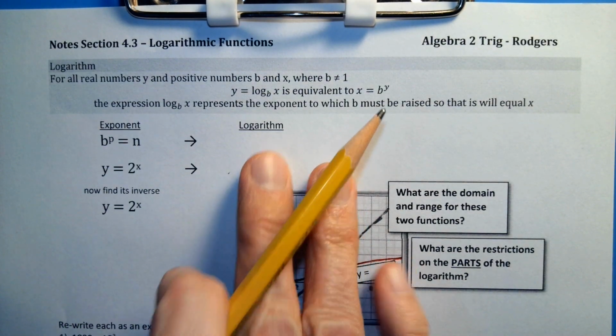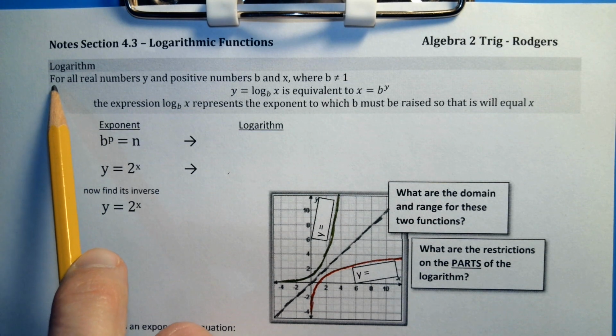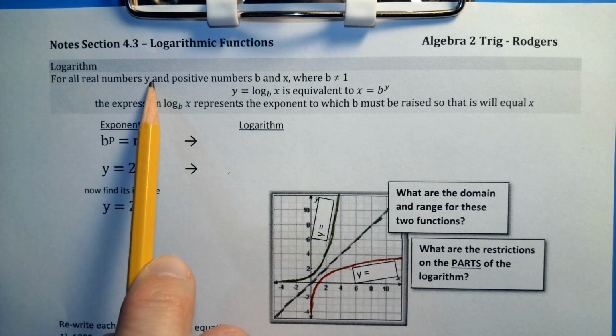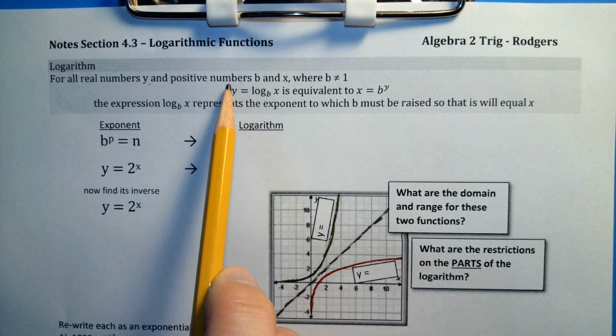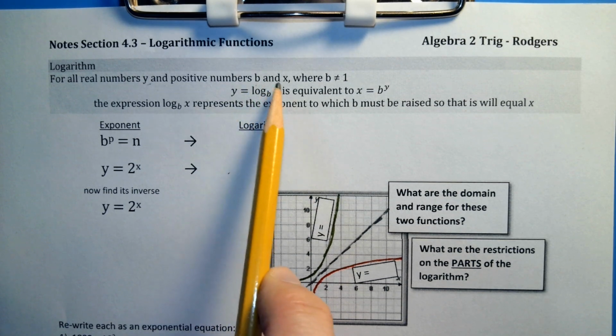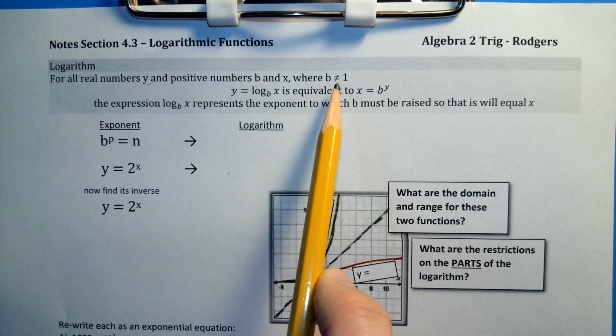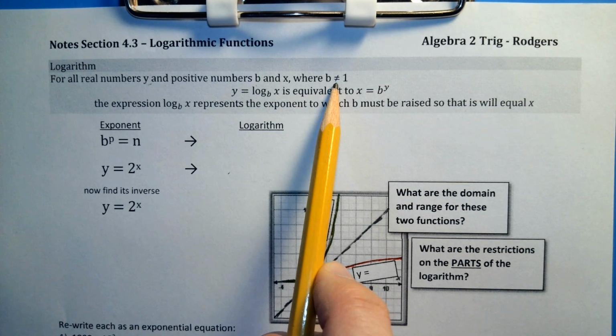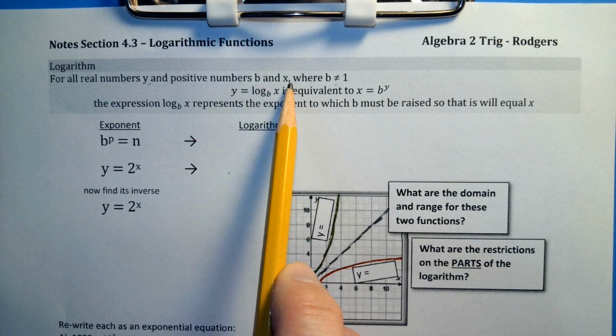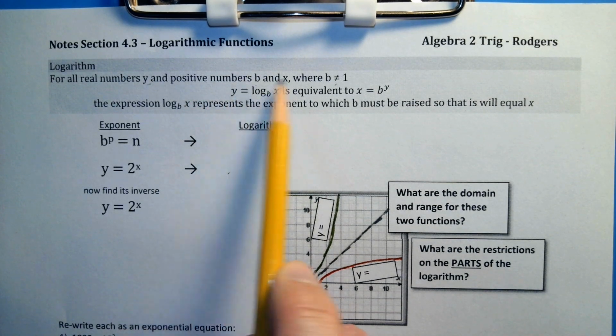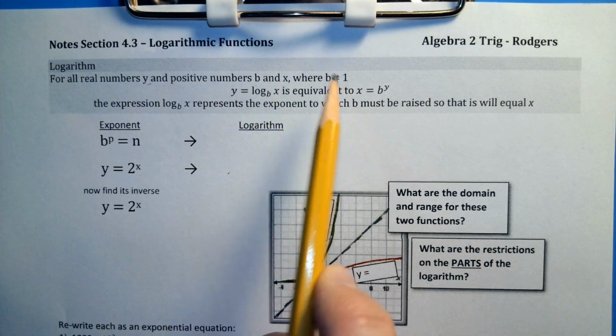But eventually you'll get to a point where you feel comfortable just using logarithms. Okay, so let's say for all real numbers y and any positive numbers b and x, with one more restriction on b: it cannot equal 1. They can't be 0, they can't be negative, and b cannot be 1.